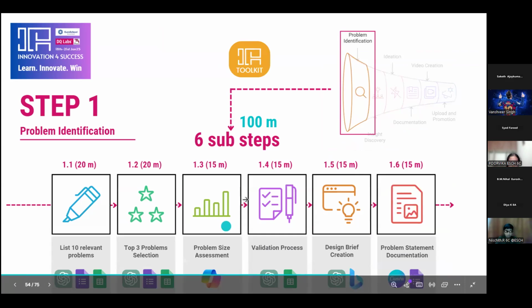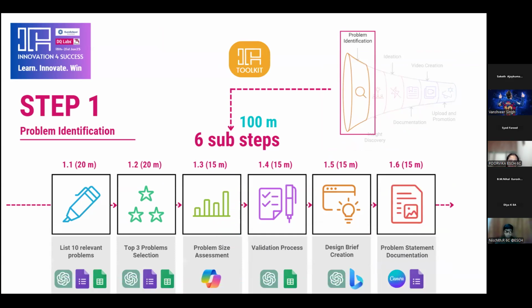Once you decide on what problem you're selecting, the next step is to validate it. What I mean by that is you need to prove that the problem is big enough and significant enough to be solved. For example, if you're thinking of a problem that only you face, or only 10 or 20 people face, then it's not a big enough problem to solve.